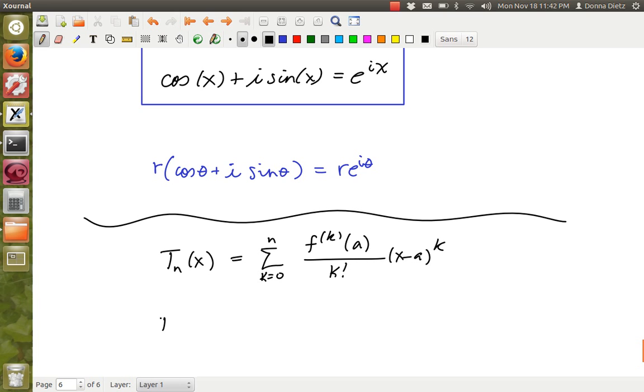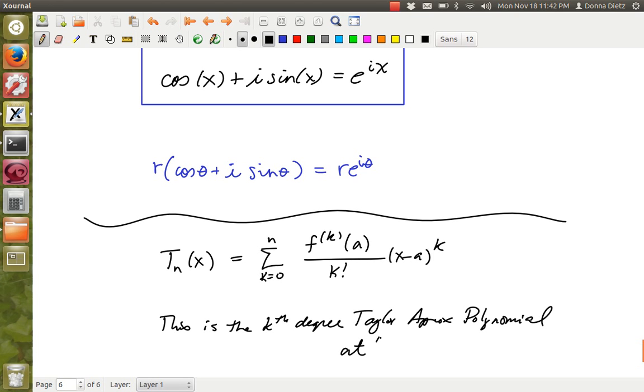This is the nth degree Taylor approximating polynomial at a.